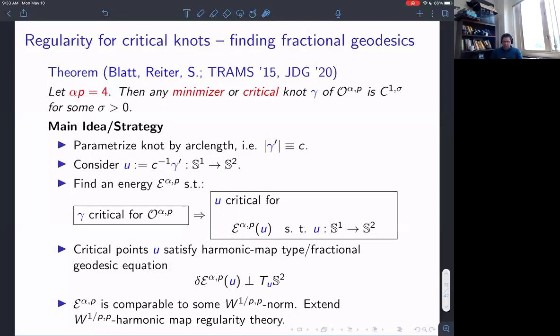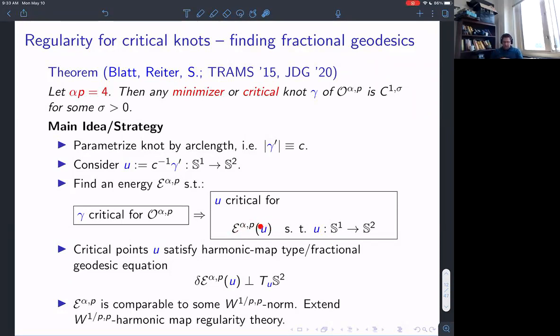I will show you the energy in a bit. But the variations that we allow are different. That's the main point. Here, we allow all the variations that keep this a knot. Here, we allow all variations of U that keep it a map from S1 to S2. So there is a little bit of change in the variations that are allowed.